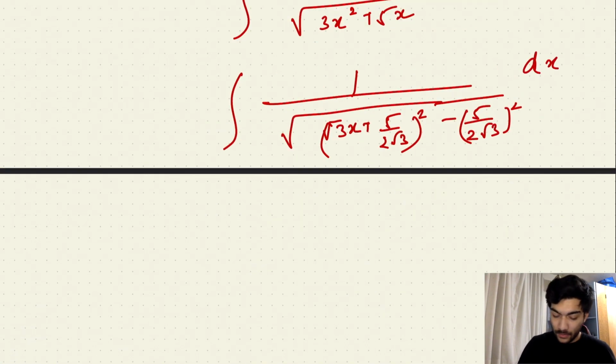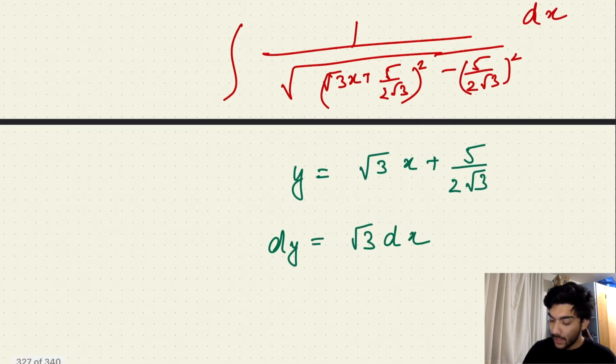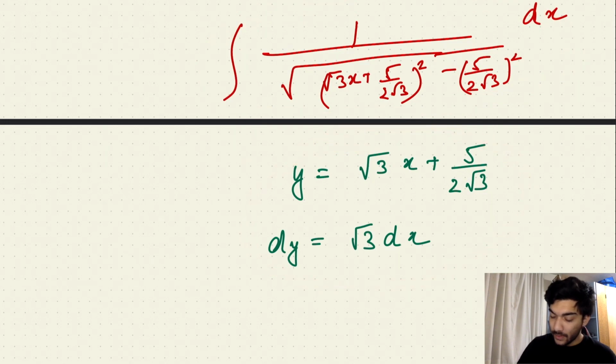And now you also have a dx term over here. If you assume your y to be root 3 x plus 5 by 2 root 3, your dy would be root 3 dx, right?